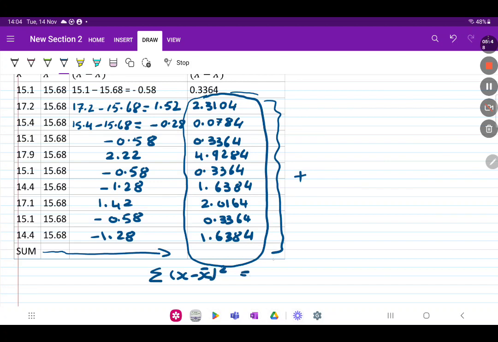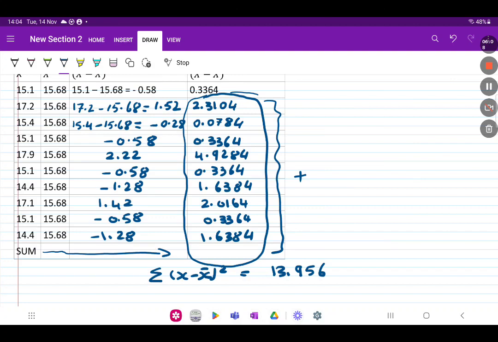So if we add all these numbers, I'm getting 13.956. Okay, so that was the value of the sum of the last column.